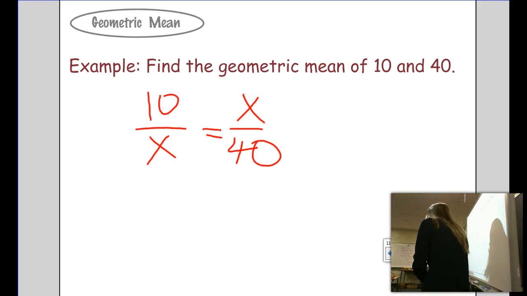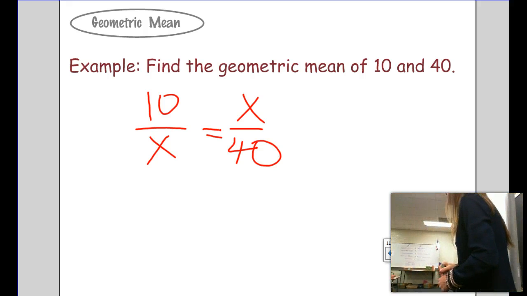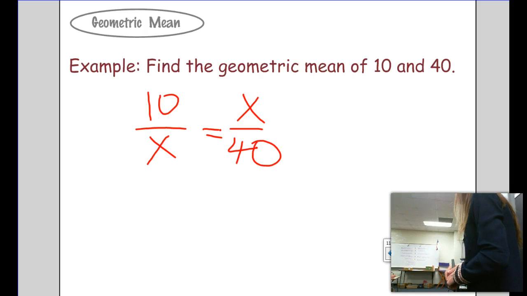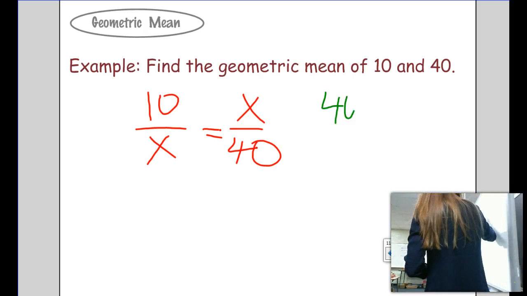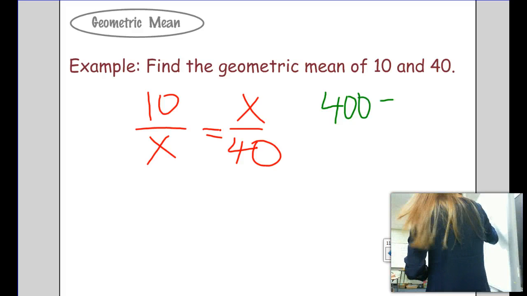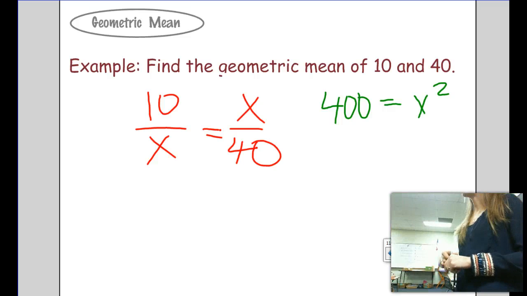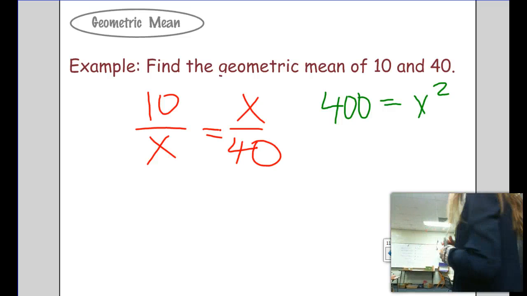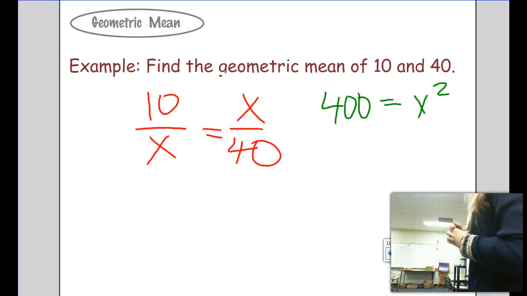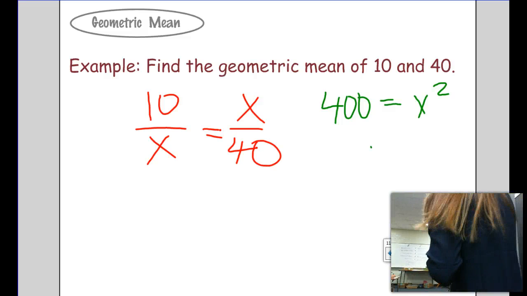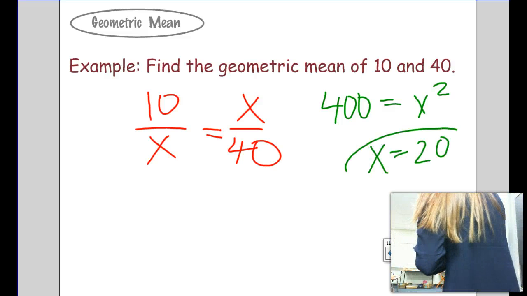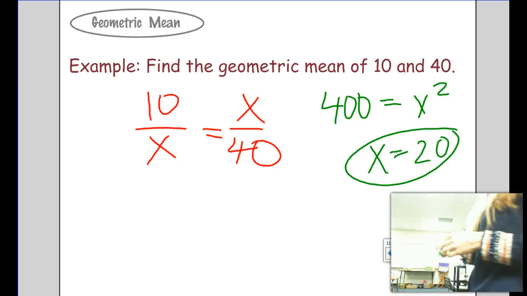Okay, 400 equals x squared. Ooh, we got lucky. That's another perfect square. Catherine, what do you get when you take the square root of 400? 20. So the geometric mean between 10 and 40 is 20.